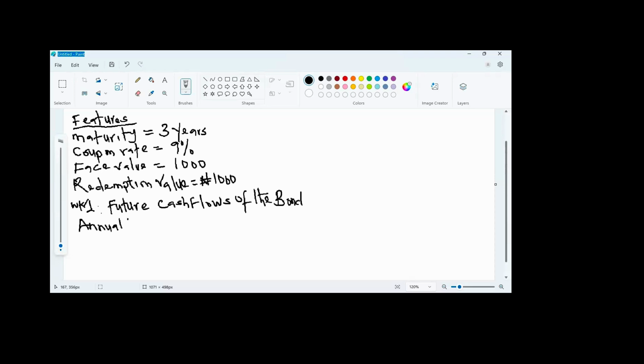Like we explained, interest is calculated on the face value. 9% of 1,000 will give us 90 naira. This will be in year 1. Annual interest again.